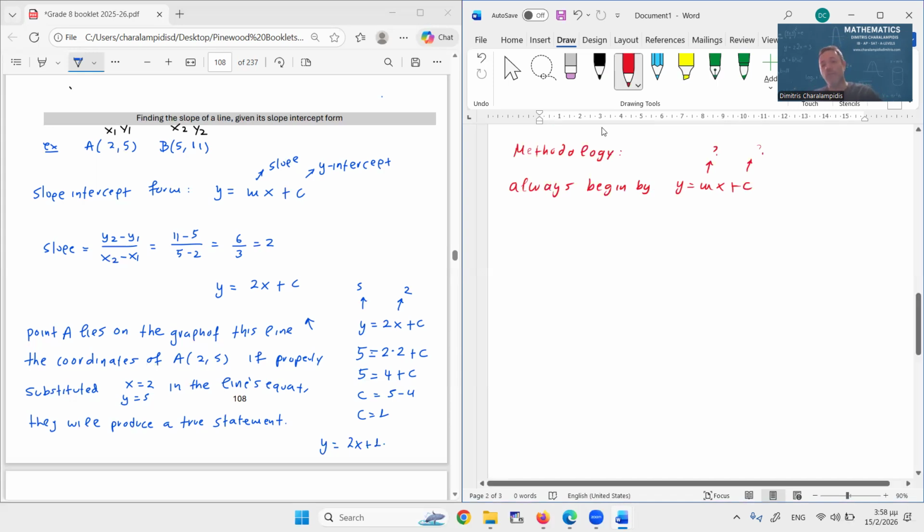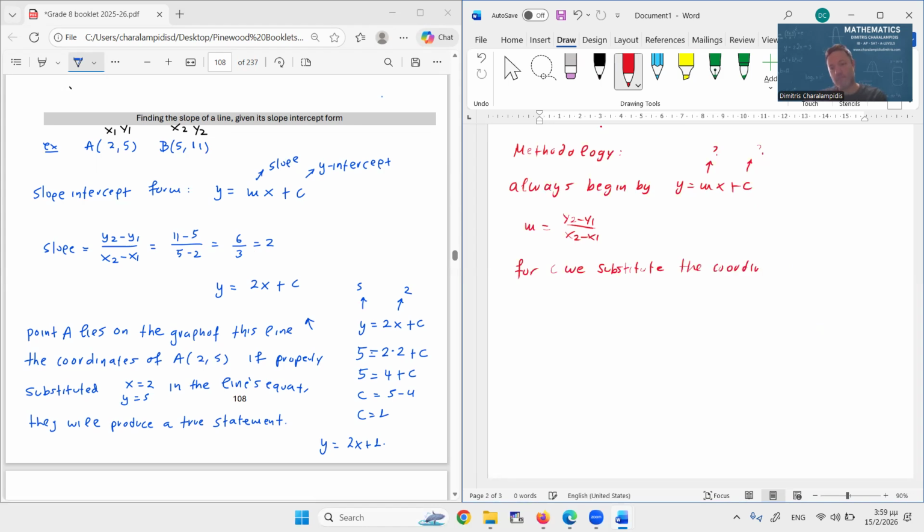We begin with finding the value of m, which is the slope, and for which we have a specific formula. m is y2 minus y1 over x2 minus x1. And then for c, we substitute the coordinates of any point.